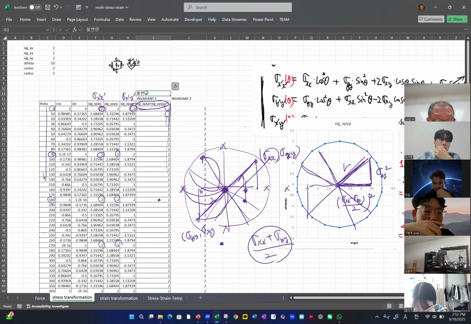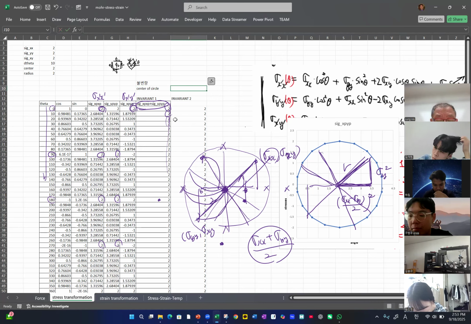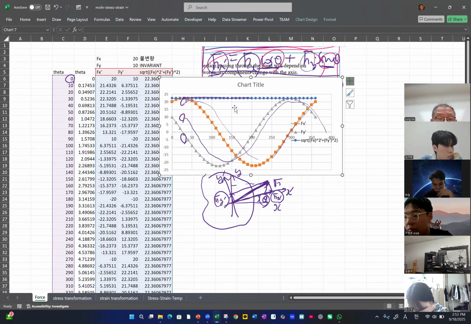So, the first invariant is the center of the circle, and the second invariant is simply the radius. Back to the definition of a force, the invariant represents the magnitude.